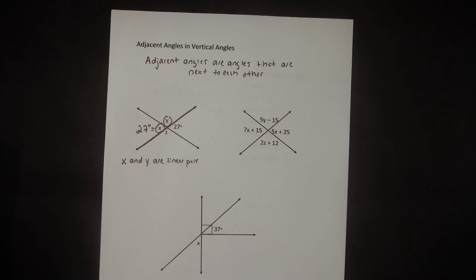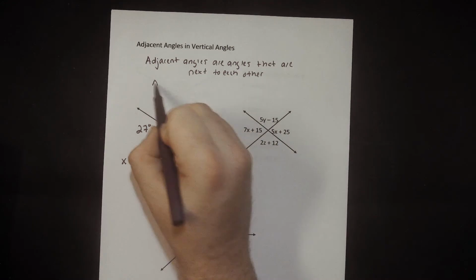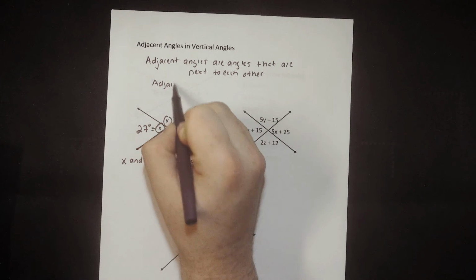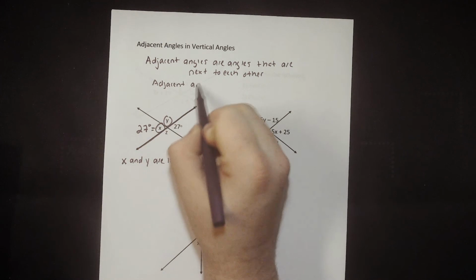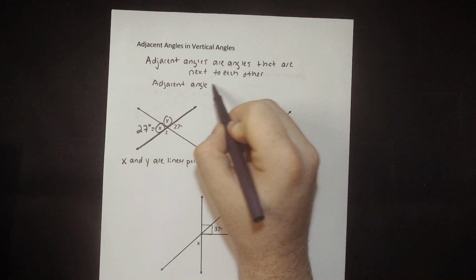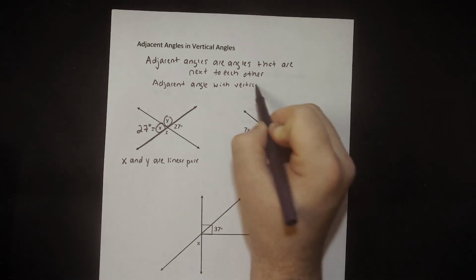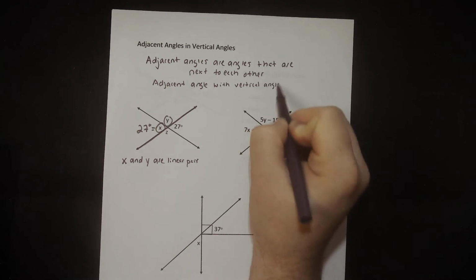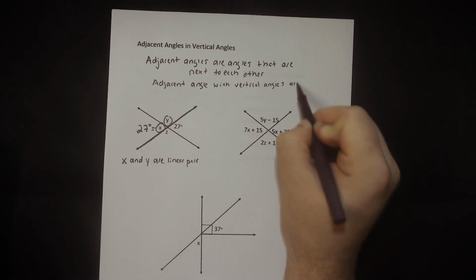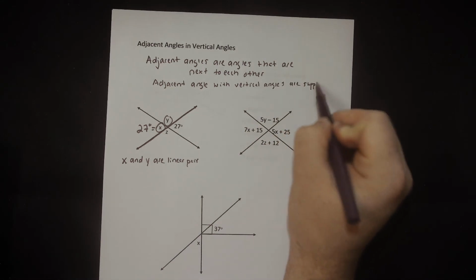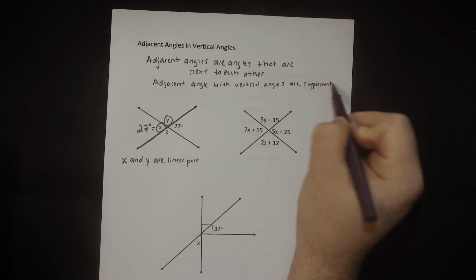Well, all linear pairs are supplementary. So what that means for vertical angles, at least, is adjacent angles with vertical angles are supplementary. They're linear pairs.